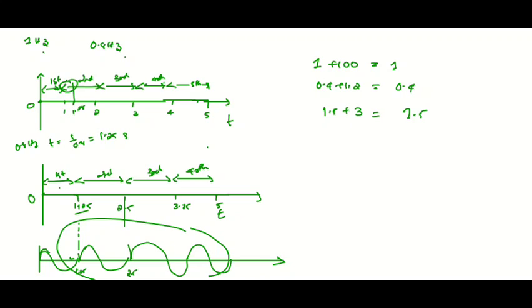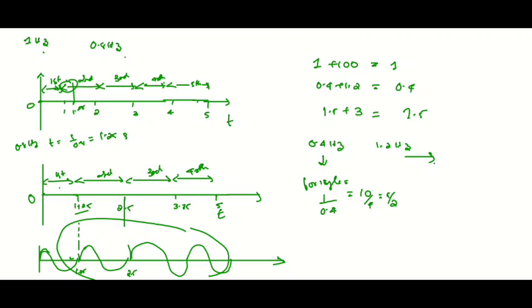For better understanding, I am going to take two signals of 0.4 Hertz and 1.2 Hertz. For one cycle, how much time will it take? 1 divided by 0.4, which is equal to 10 by 4, which is equal to 5 by 2, right?